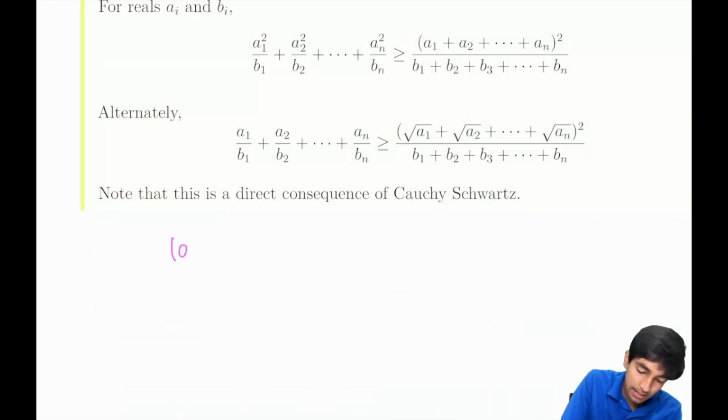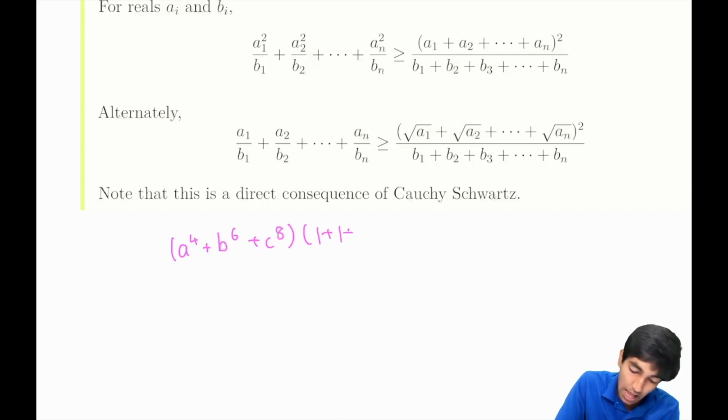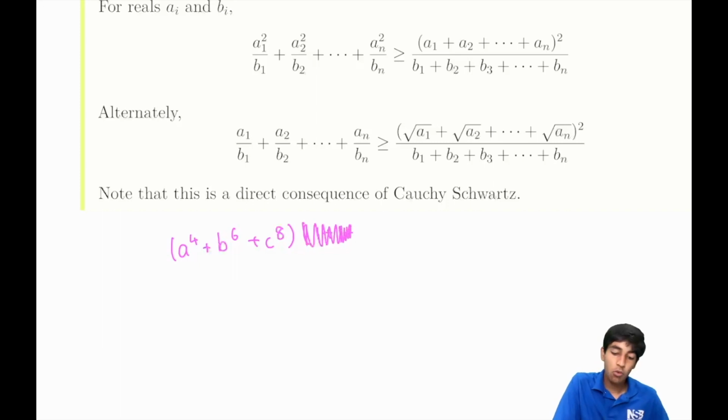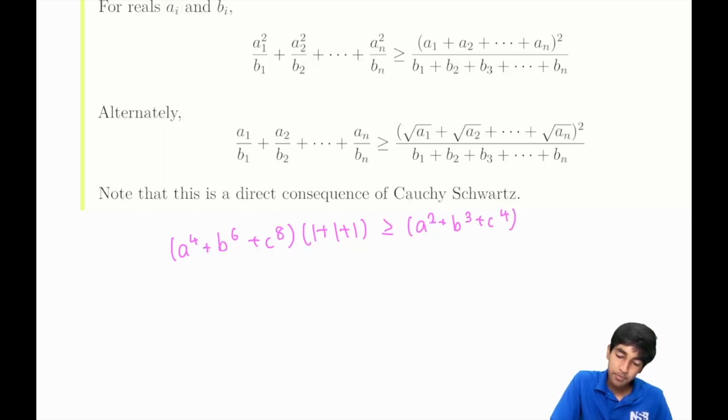Basically, this is just saying that, let's say we have a to the 4 plus b to the 6 plus c to the 8, and we're trying to find out what we can do is we can just say, okay, let's multiply this by 1 plus 1 plus 1 using Cauchy-Schwarz. This is greater than or equal to a squared plus b cubed plus c to the 4 squared.